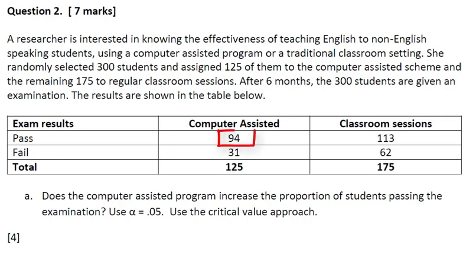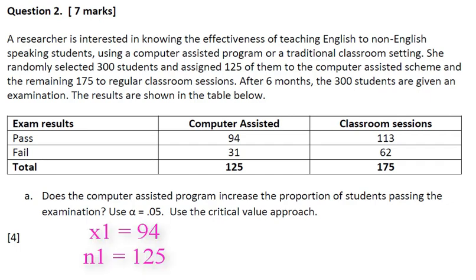x1 is 94 and n1 is 125. Now if you ask, why is x1 94? Why not 31? Let's read the question. Does the computer program increase the proportion of students passing the exam? See, 94 students in the first group, in the first sample, passed the exam. So you use 94 as your x1. If the question was about failing, we would have used 31.